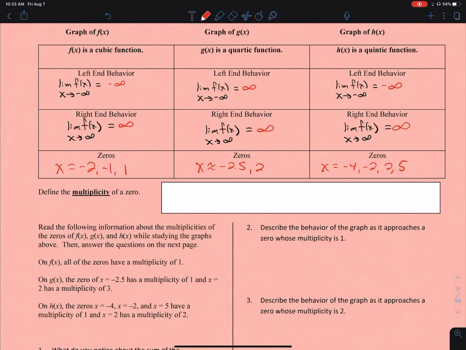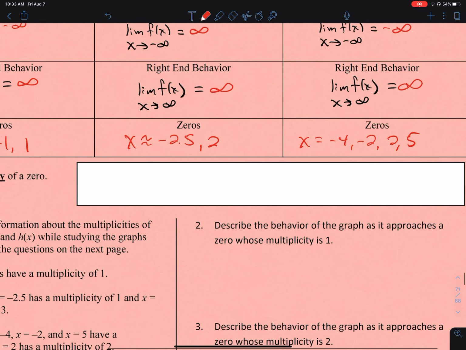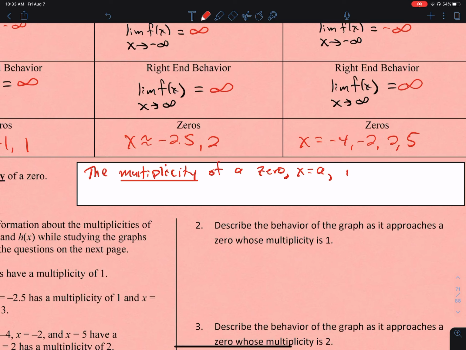Defining multiplicity: the multiplicity of a zero, where a zero is an x-intercept, in this case we'll say x equals a, is the number of times x minus a is a factor of the function.